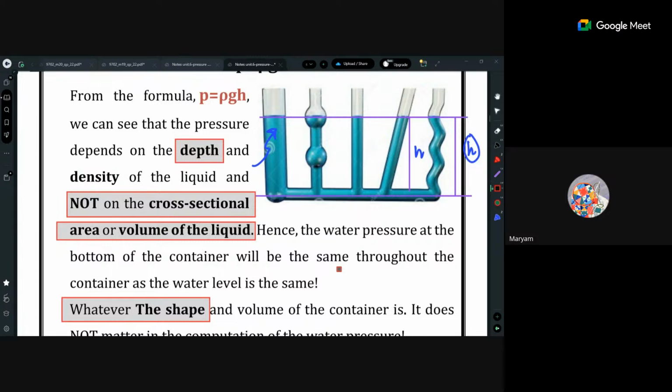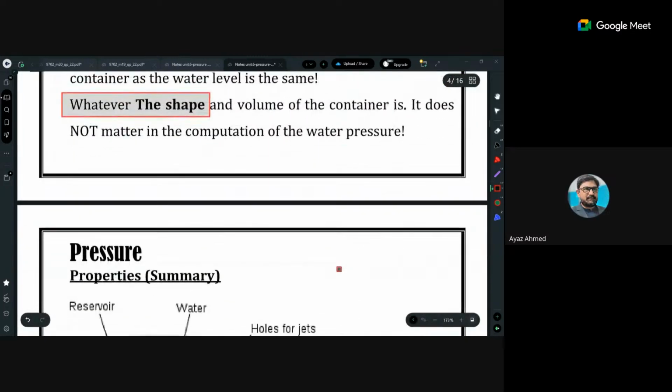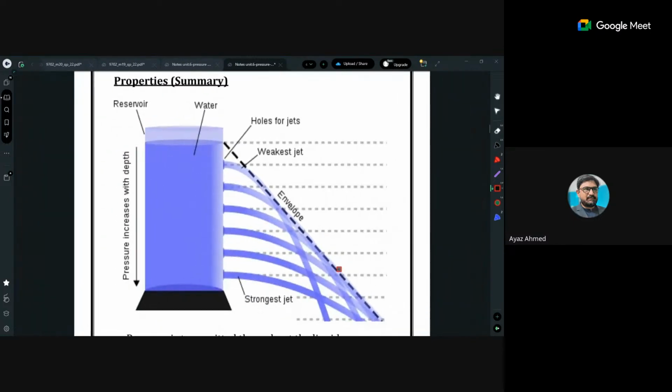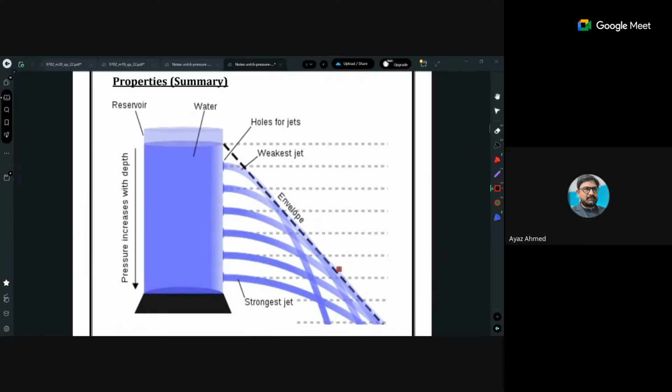Okay. So in the next slide, I have shown you a diagram of the properties of the liquid. That's a summary. If there are different holes at different positions, the water has the largest pressure at the bottom of the container, where the height of the column is largest. This is the depth of that point.